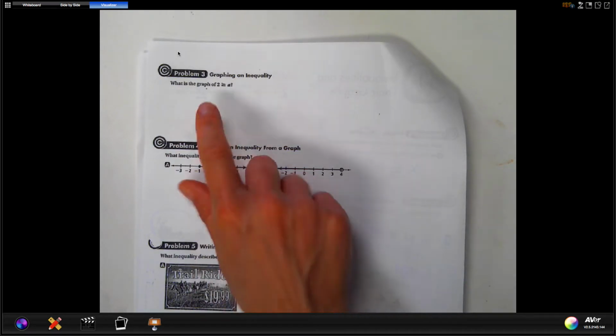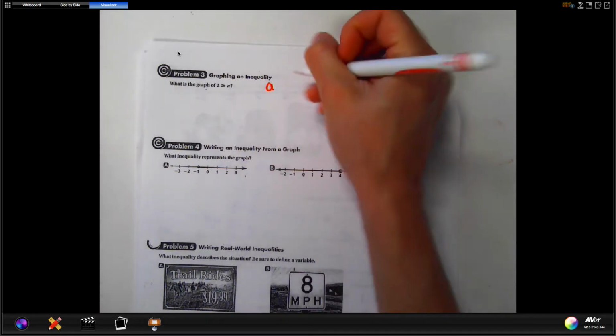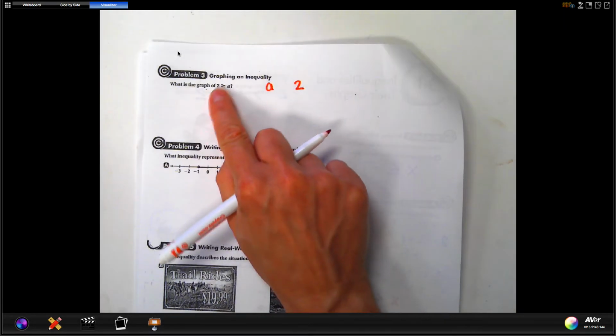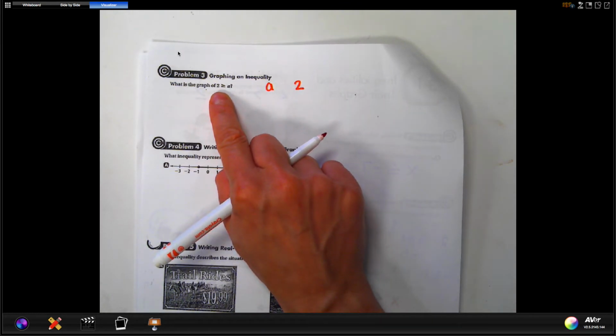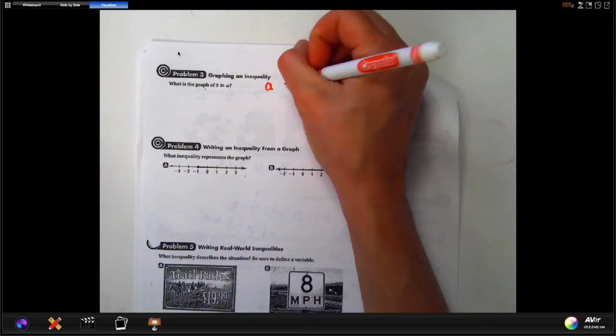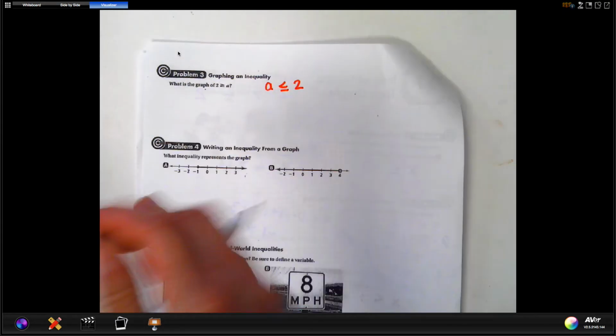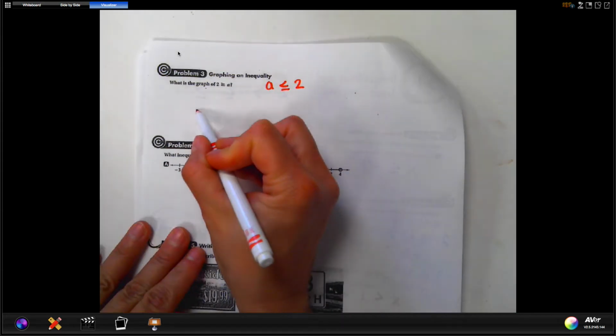It says 2 is greater than or equal to A. I can switch that around so that I have A on the left and 2 on the right, as long as the alligator is eating the one that it was originally eating. So it's eating the 2, and I have to make sure that it continues to eat the 2 if I switch it. Does that make sense?